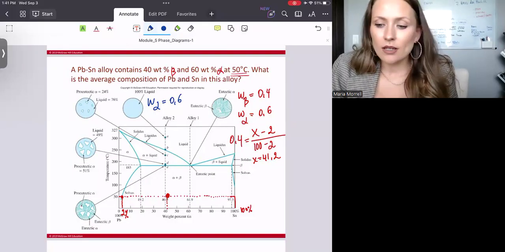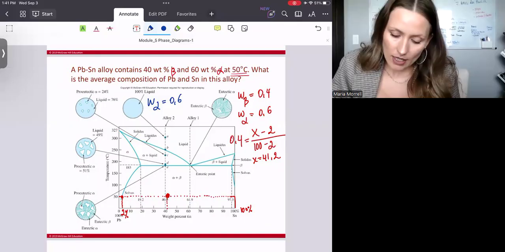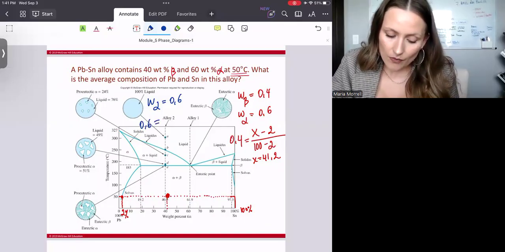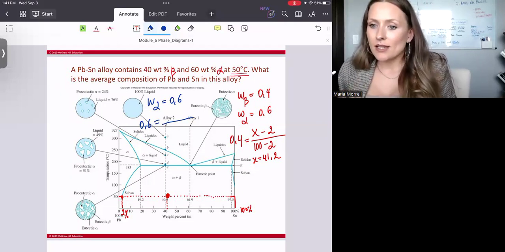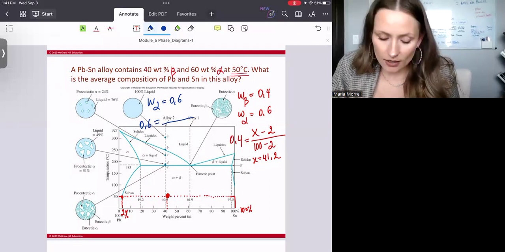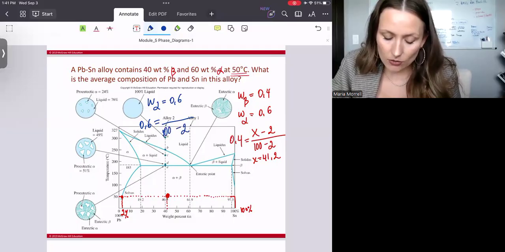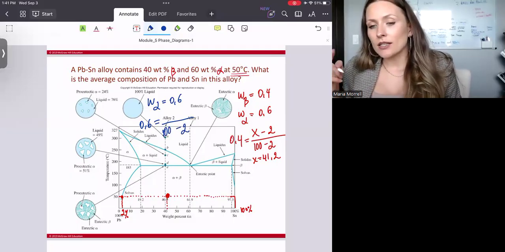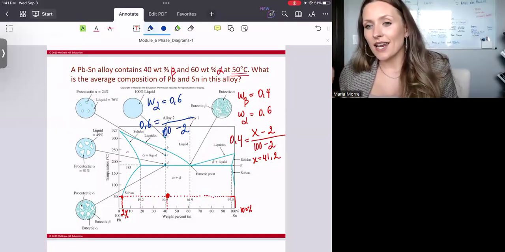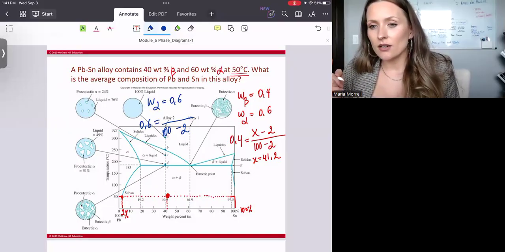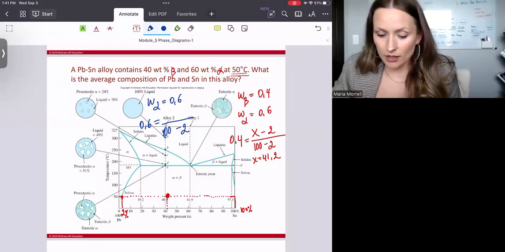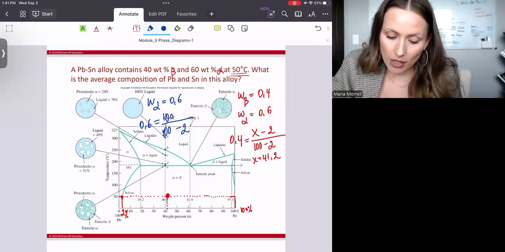So I'm just going to come up with the exact same equation. It's going to be 0.6 equal to, the tie line remains the same, 100 minus 2. This is our denominator. And for the numerator, now I have to look at the opposite end from the alpha solid solution. So I need to look at the beta, and it looks like I have 100 minus x.